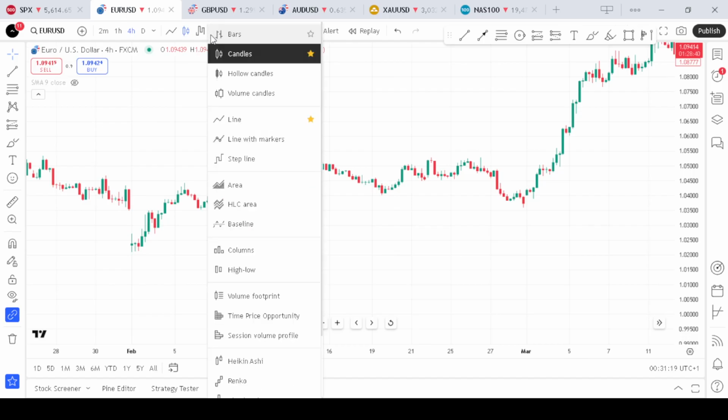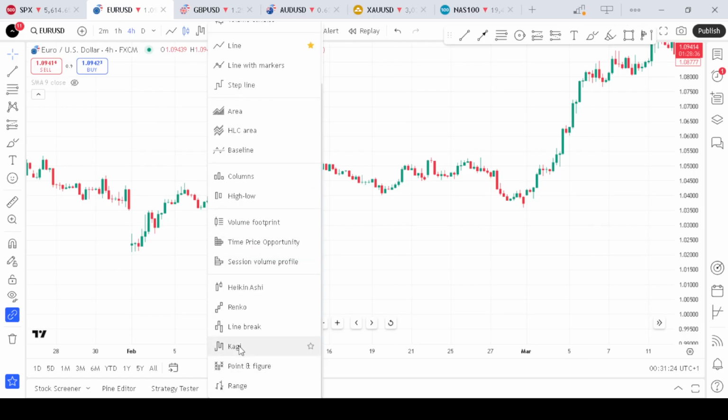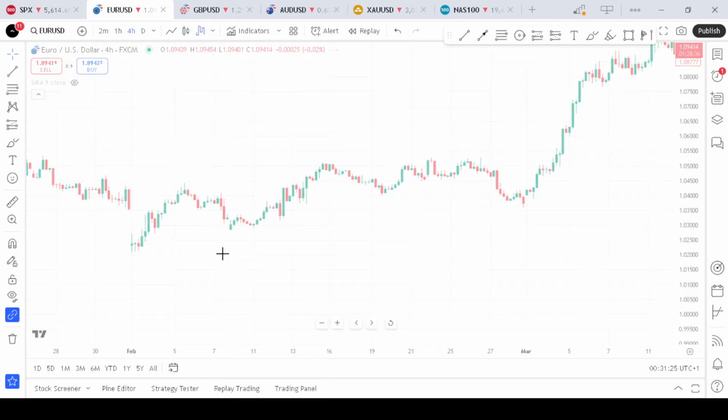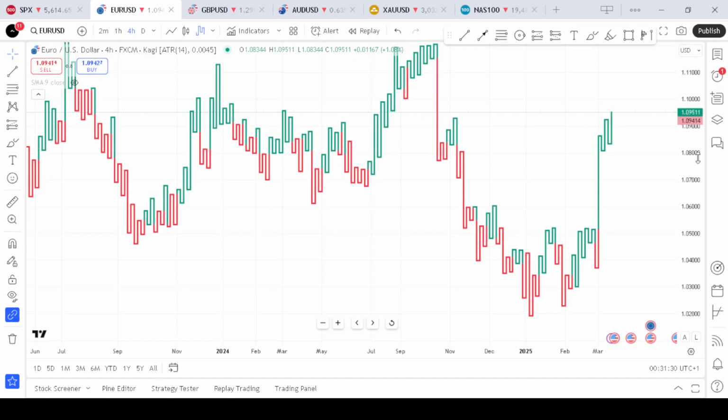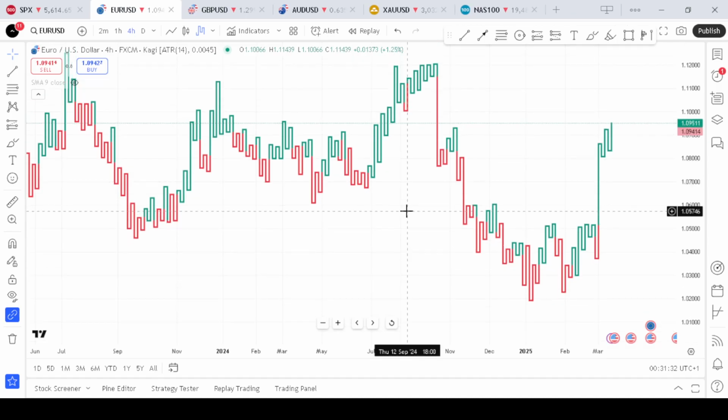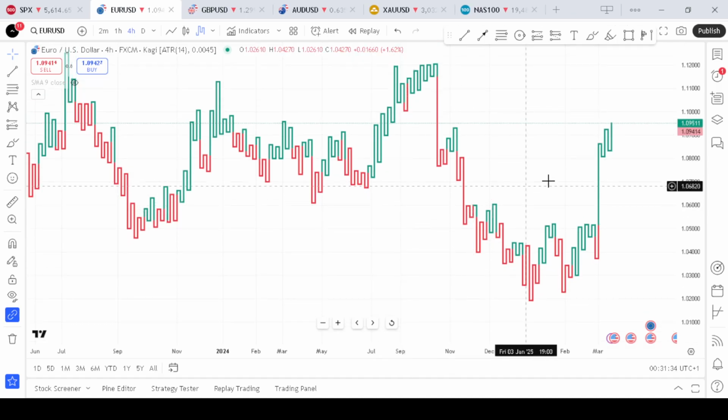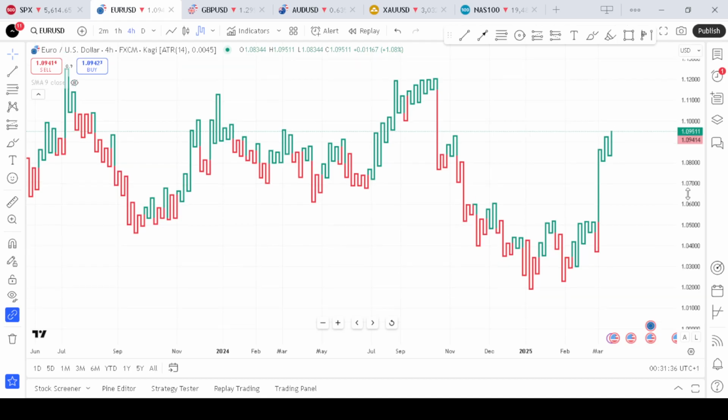Now the Kagi chart, you simply go to your chart area and select the Kagi chart. When you set this Kagi chart, this is what is going to display to you. The Kagi chart is used for trading, and you need to set up your chart with the appropriate parameters.